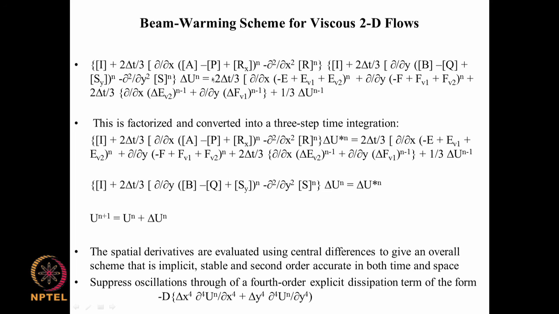Evaluation of this will again give us a pentadiagonal matrix, and this can be factored into only the x derivatives and only the y derivatives. This enables us to solve this equation in 2 steps, each involving a tridiagonal matrix.